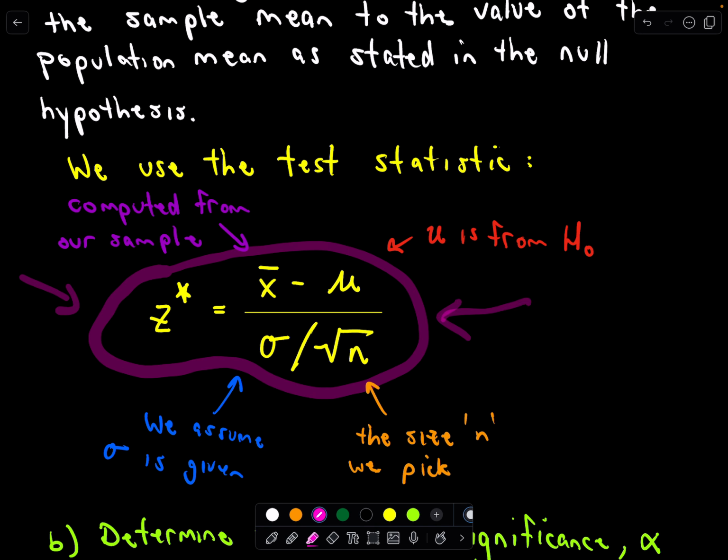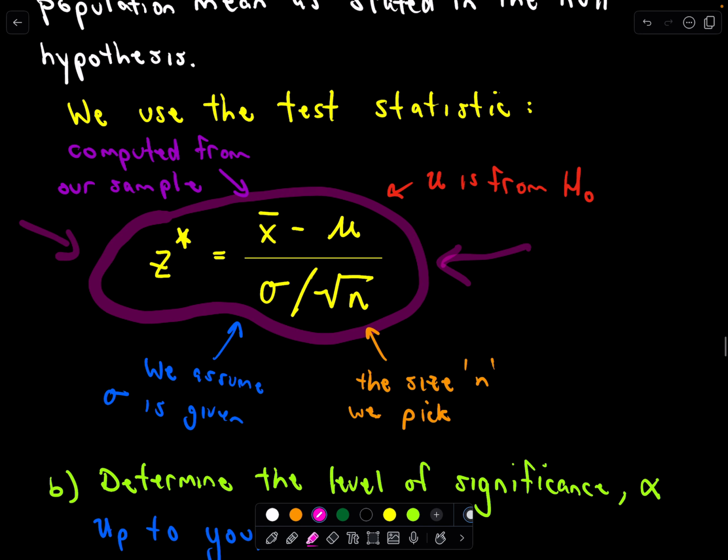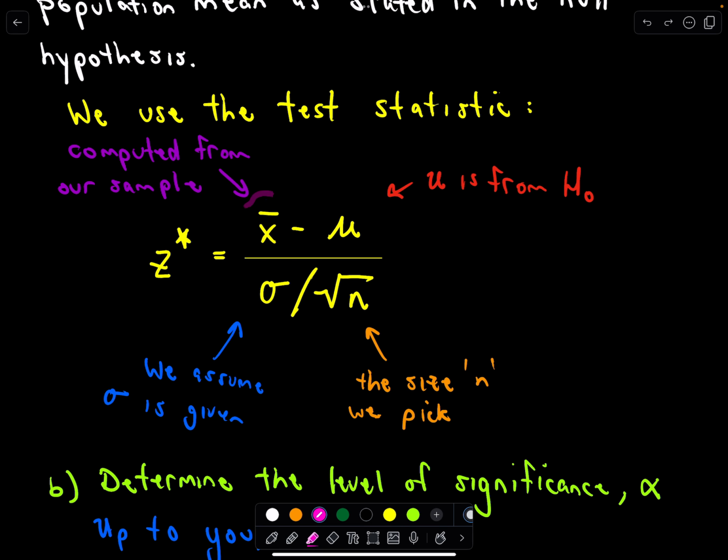And you should have seen this at some point when you talked about normal distributions and computing Z-scores. If not, certainly look at it because I will not completely rehash it, but we will talk about it. So we have that our Z star equals X bar, which is our sample mean, minus our mu. Again, our X bar we're going to compute from our sample, minus our mean mu.